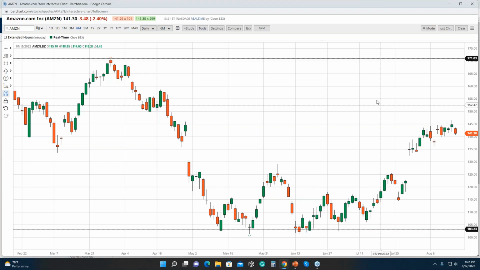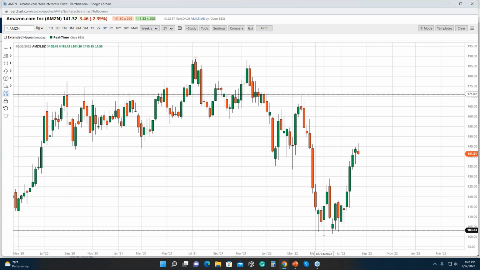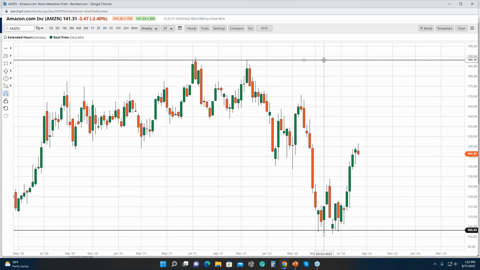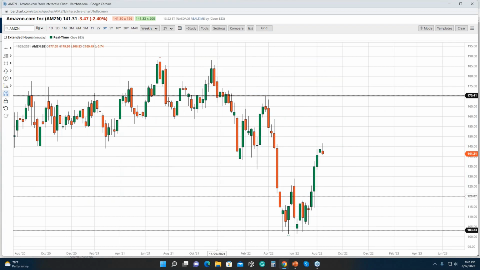All right, so now I've framed my playing field at my higher time frame. There we go. All right. So what do we see again? Kind of in the middle of the range, right?